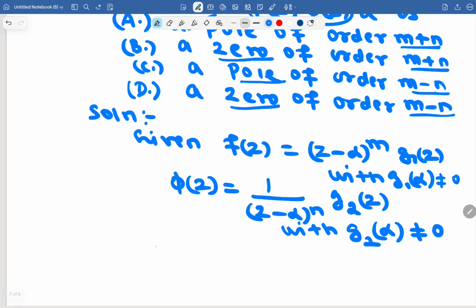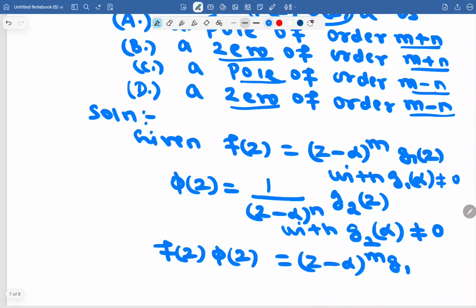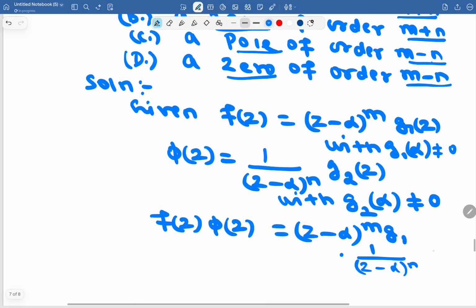Now find the product. F of z pi of z which is equivalent to z minus alpha power m g1 into 1 by z minus alpha power n into g2.